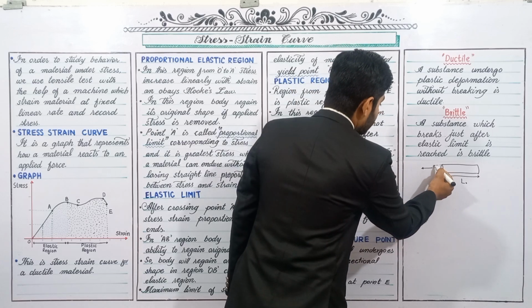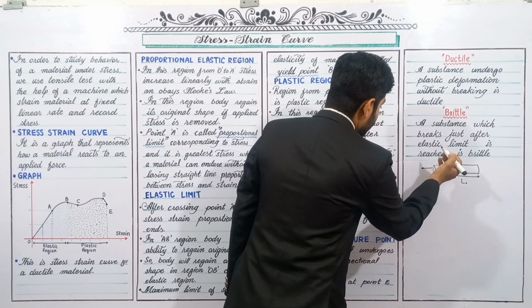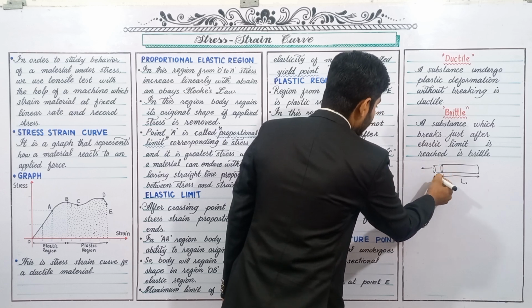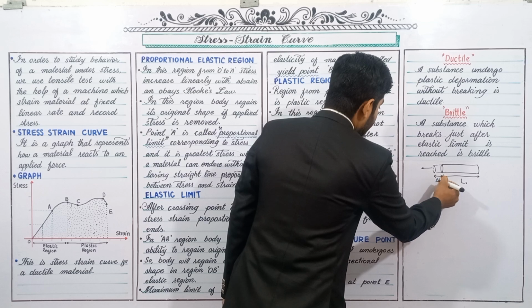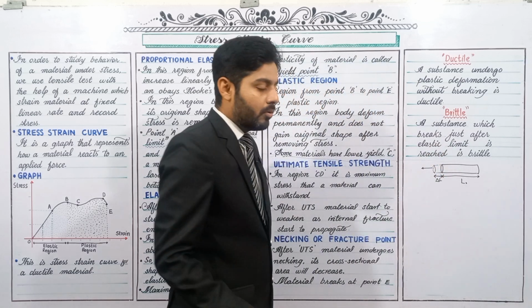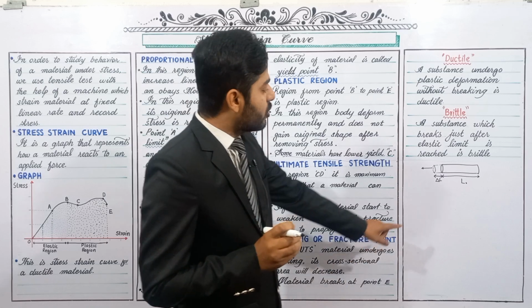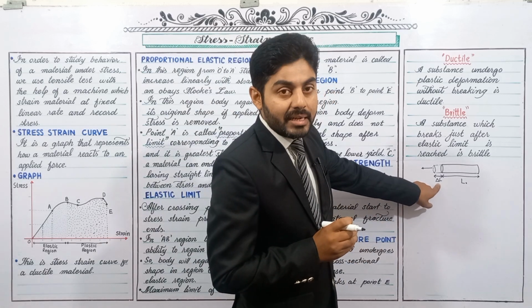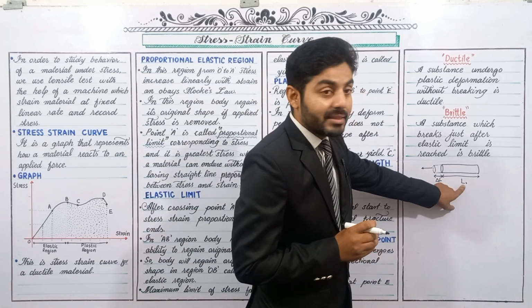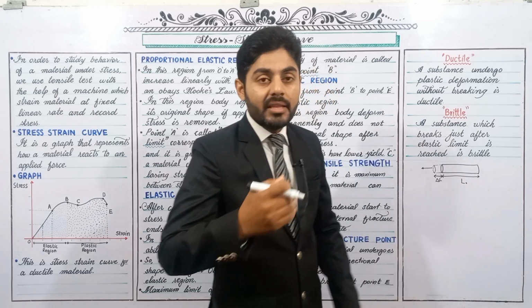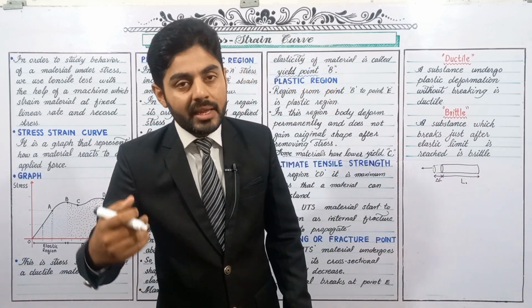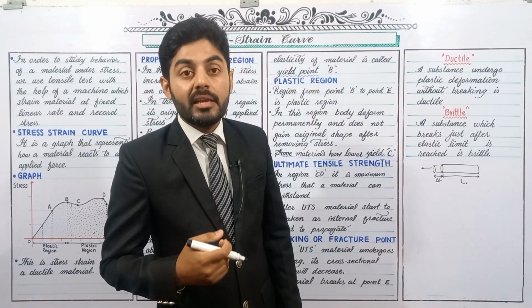So there will be some extension, the length will increase, and the increase in length is delta L. Now, what is tensile strain? It is a ratio between the change in length, delta L, and the original length L naught. The change in length with respect to original length is known as tensile strain.